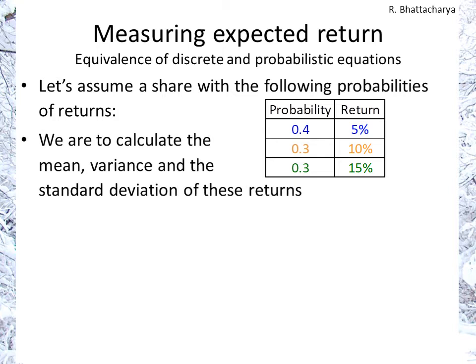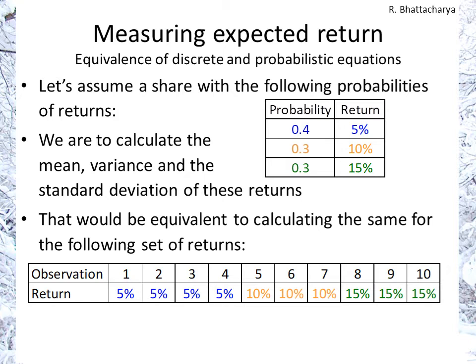So we can consider calculating it using the expected value calculation and the variance calculation that I just showed. But we can also translate these into hypothetical returns. Let's take 10 observations, and 4 of them would be 5%, 3 of them would be 10%, and 3 of them would be 15%.